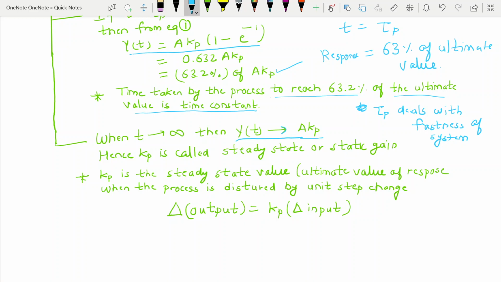Okay, that means my new steady state will depend on kp. So that is why it is called a steady state or a static gain.